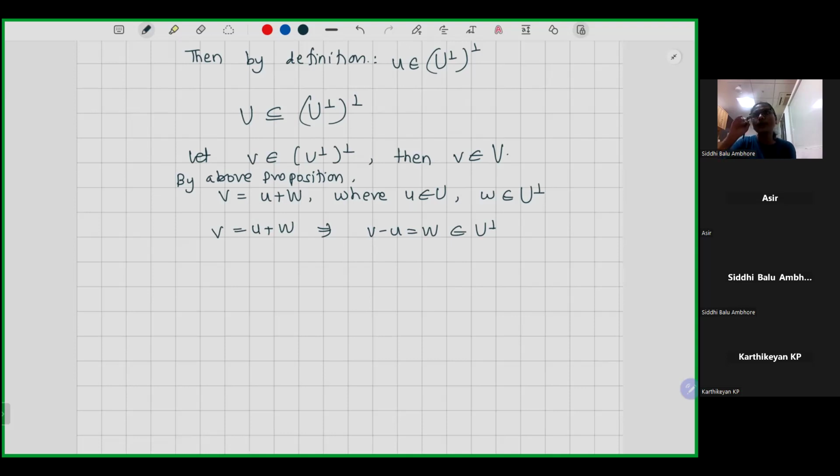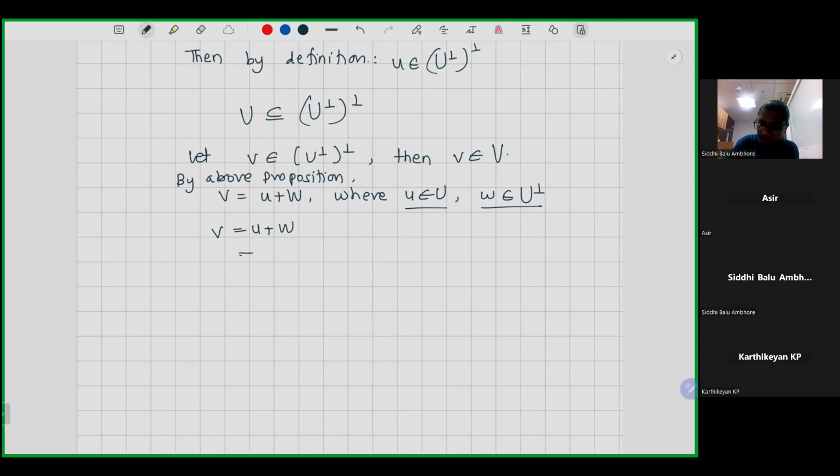Is this okay? This U and W are vectors in U and U perp. Right? U is in U and W is in U perp.